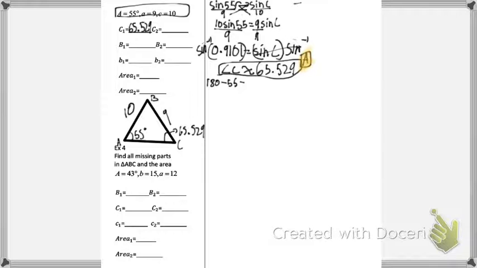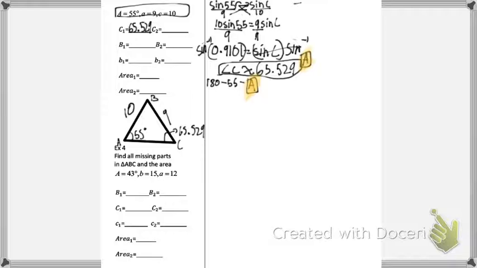And now 180 minus 55 minus A. Because you don't want to type the numbers again and again, and you want an exact answer, so we have to save it.